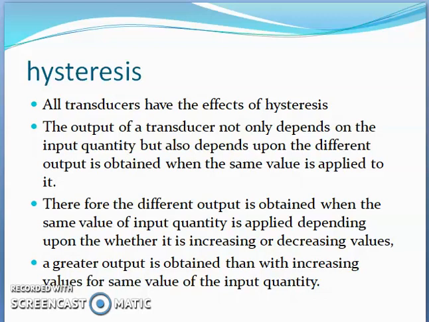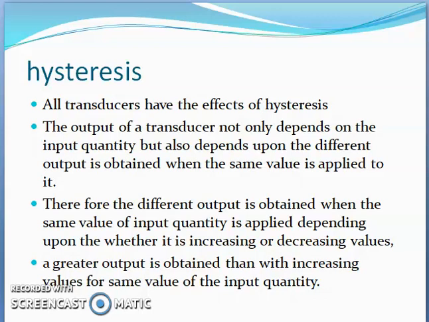For increasing value, we get one value, and for decreasing value, we get a different output. It occurs when the output of the transducer depends not only on the input quantity but also on the input quantity previously applied. A different output is obtained for the same input value when it is decreasing or increasing.